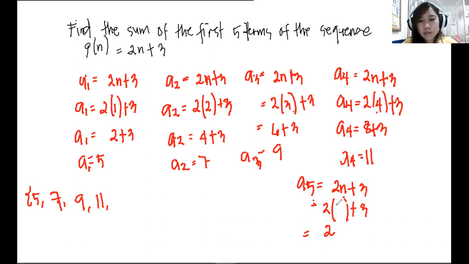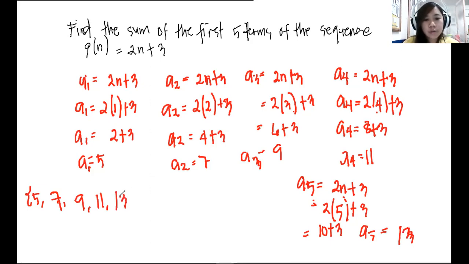Okay, so 2 times 5 is 10. Okay, very good. So 10 plus 3, then A sub 5 is equal to 13. Or the fifth term is equal to 13.